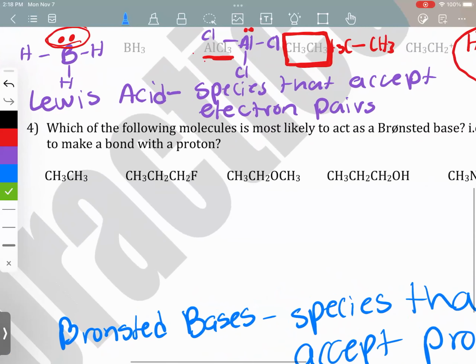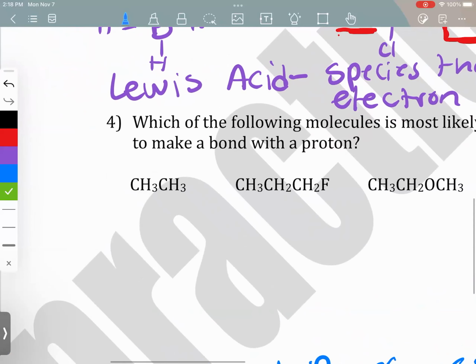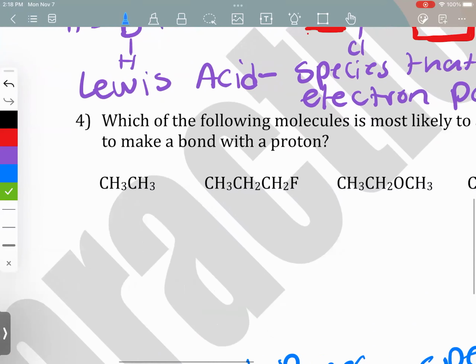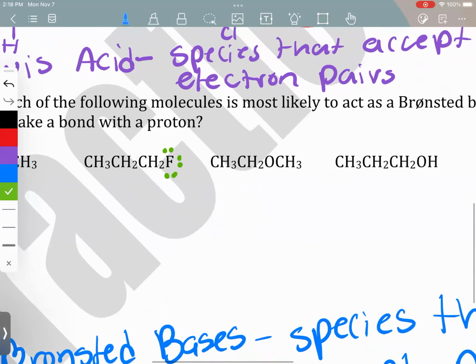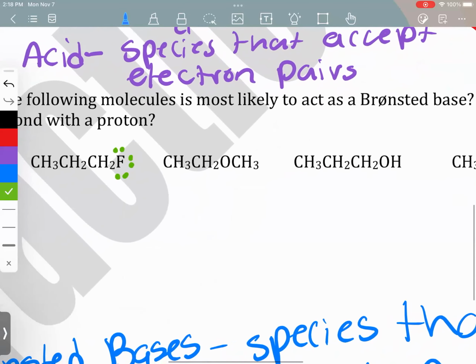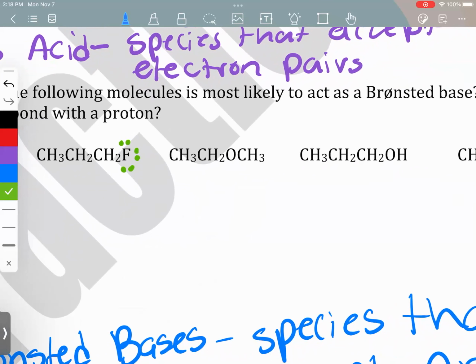So you need electron pairs. So the CH3, all 4 bonds in that carbon are already there, so there will be no lone pairs on any of those carbons. The second species has fluorine. You do have 3 sets of lone pairs around the fluorine right there. Third species, you have an oxygen with only 2 bonds directly to it, so you know it's 2 pairs of non-bonding electrons there.